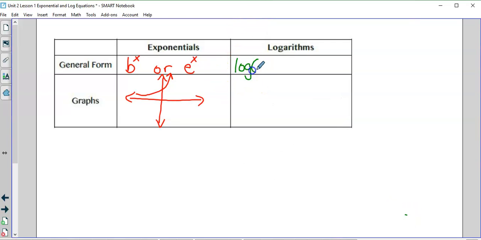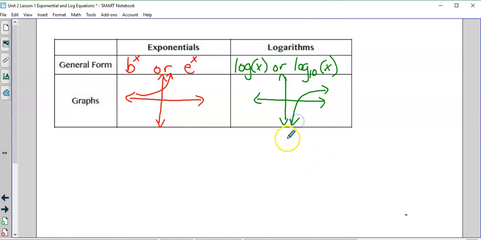Log, and then you'd have like parentheses here, or you might see log base 10, and then x like that, and that would be like equals y or whatever. That looks like this. So that would come from down here, and it would kind of go this way.